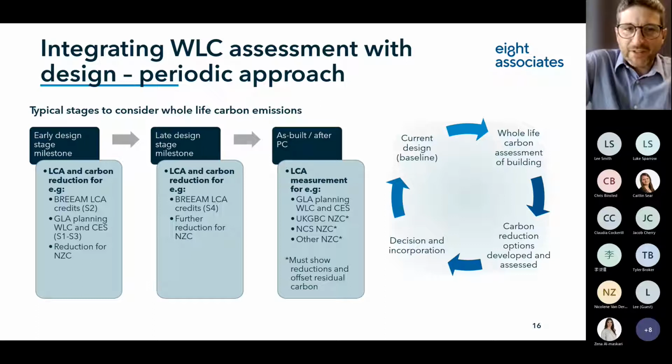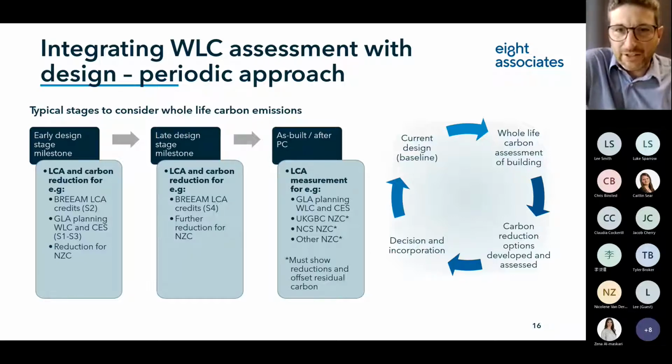You can then do a similar process of modelling the current design, looking for options at later design stages, perhaps stage 4, and BREEAM provides some extra credits at stage 4 for this. But it's just something that's good to do on a periodic basis: review the design, look at options, show that carbon's been minimised, and keep good records of how the design's been changed to try and reduce carbon, ready for that net zero carbon claim at the end.